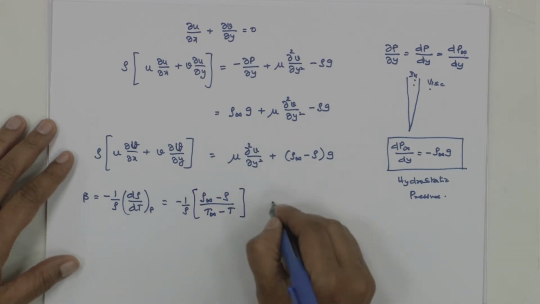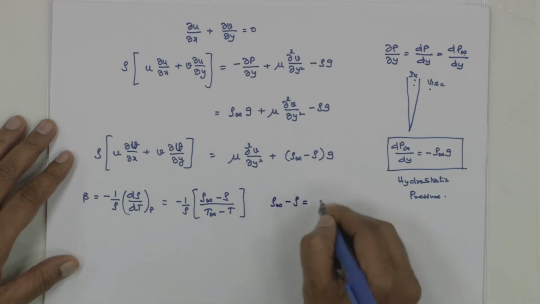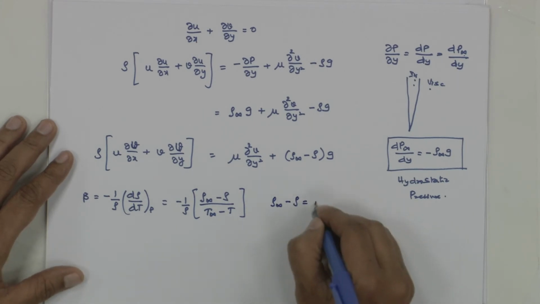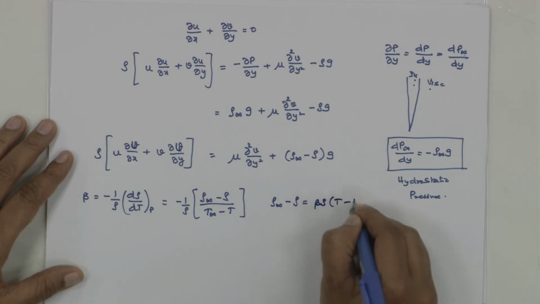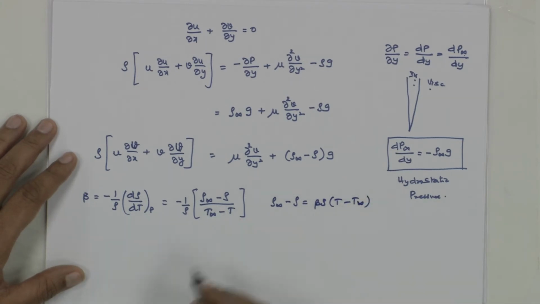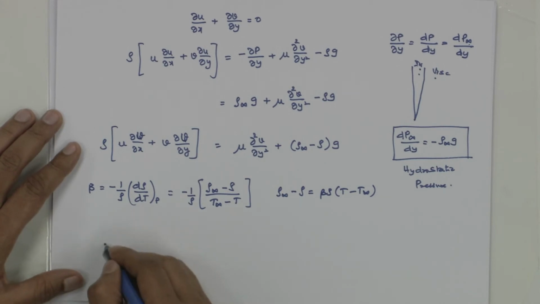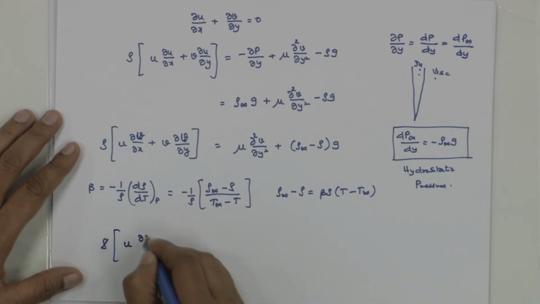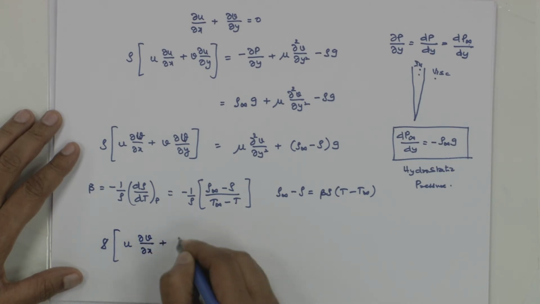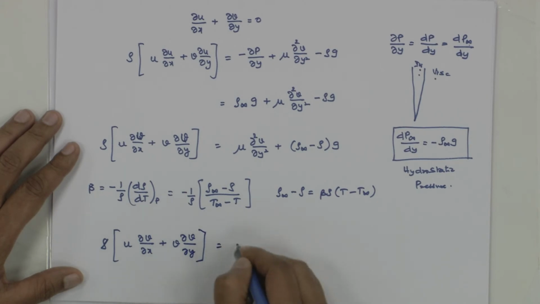So rho infinity minus rho is equal to beta rho into (T minus T infinity). I have substituted the negative sign there. So I get my equation as u del v by del x plus v del v by del y equal to nu del squared v by del y squared.